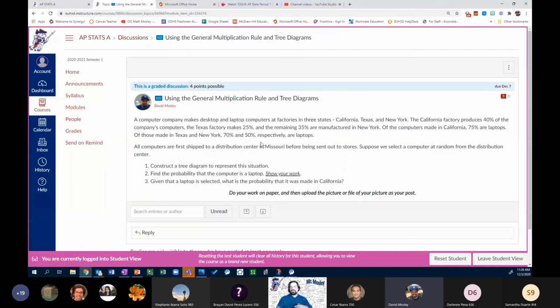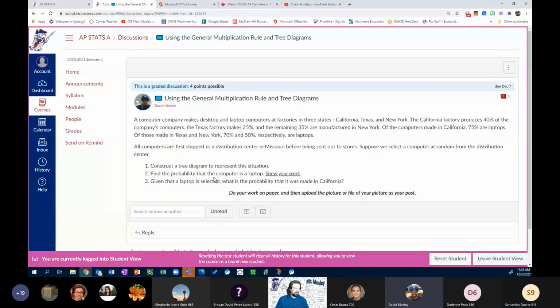And again, we can use the leftover amount to see what percentage is desktops. All computers are first shipped to a distribution center in Missouri before being sent out to stores. Suppose we select a computer at random from the distribution center. Construct a tree diagram to represent the situation.